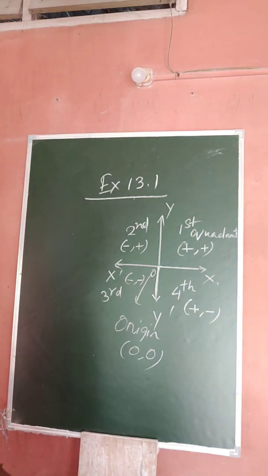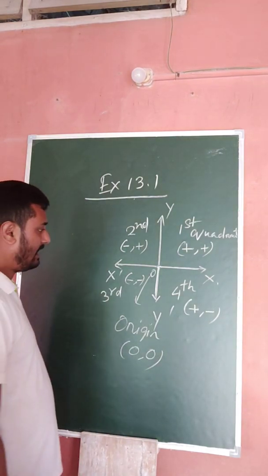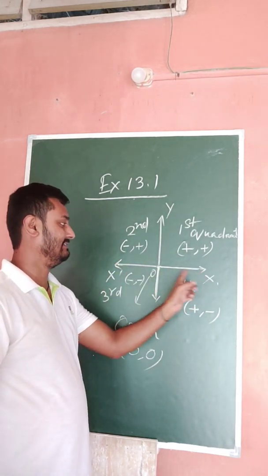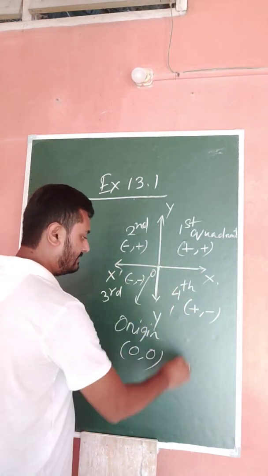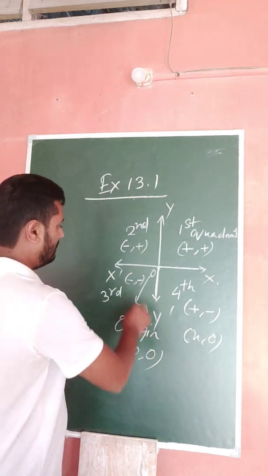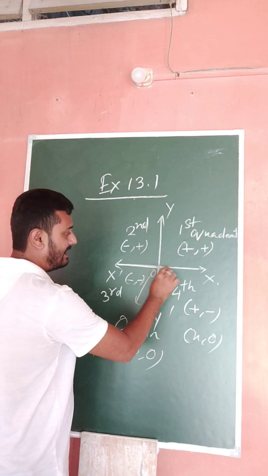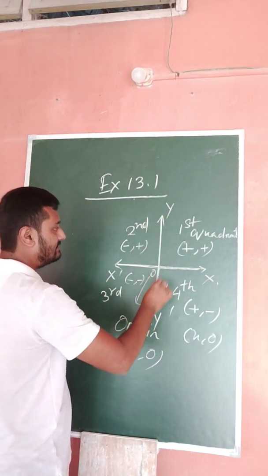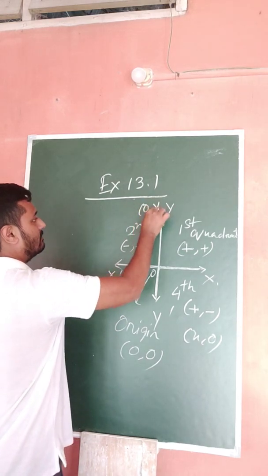Clear? The coordinates of any point on the x-axis are x, 0, and any point on the y-axis is 0, y.